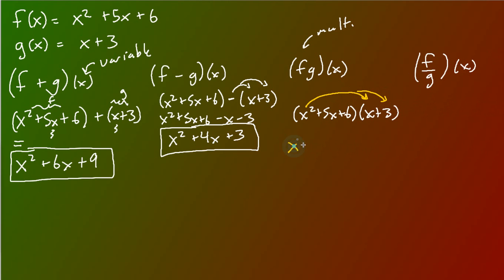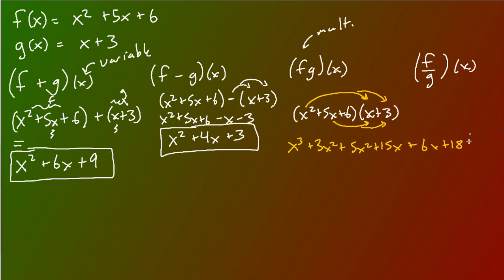So I'm going to get x cubed plus 3x squared. Then I'll take the 5x and I'll distribute that. So I get plus 5x squared plus 15x. And then finally, I'll distribute the 6. And when I distribute the 6, I'm going to get plus 6x plus 18.